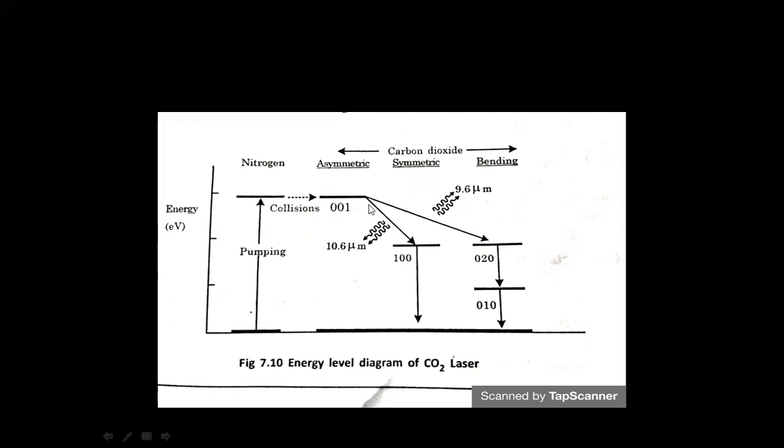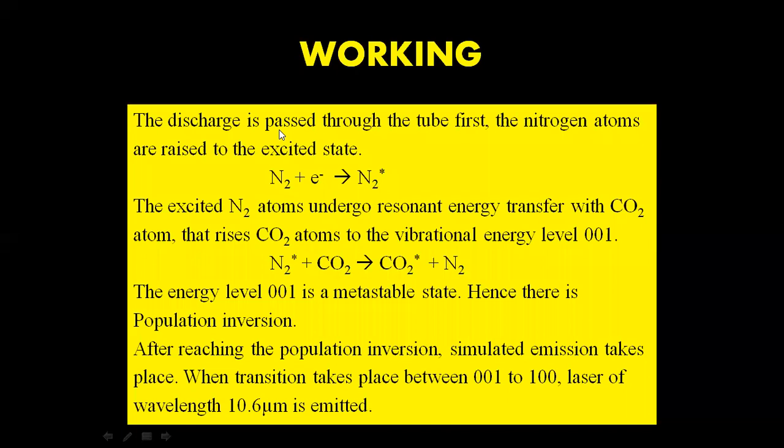And some of the molecules can enter into this state by emitting 9.6 micrometer photons. So there is a possibility of two transitions here. This is the actual process of the carbon dioxide laser. This is what I explained here.